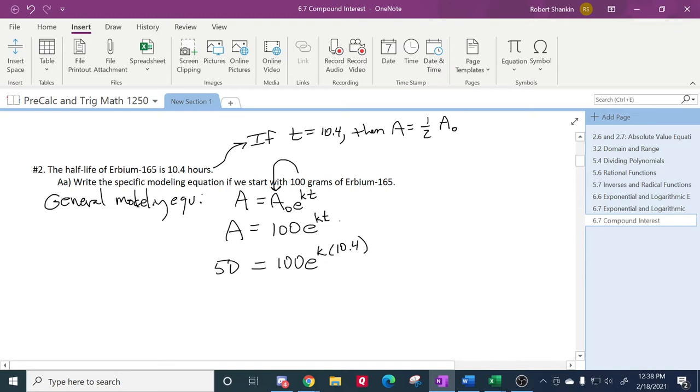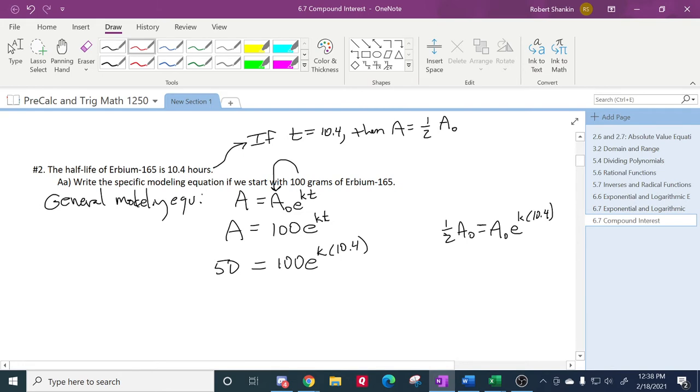The other way we could have done it is, let me just show you, if we didn't know the a0, we could have just had it like this. And then after 10.4 hours, it would be 1/2 of a0. Now, let me show you what happens in either case. When we solve for k, the first step, you divide by the a0, whether it's known or unknown.